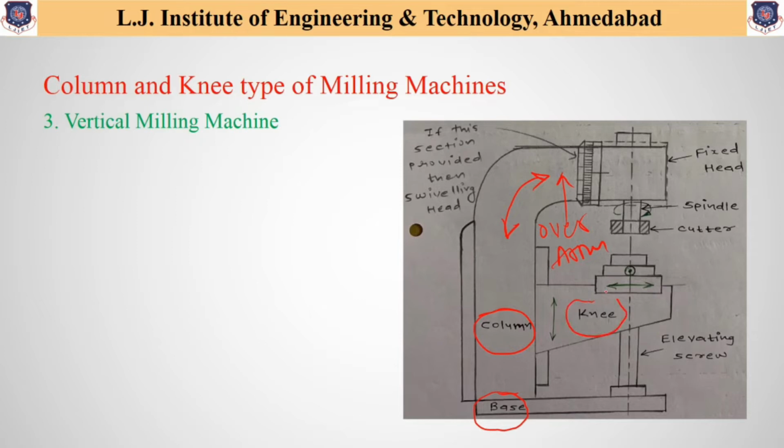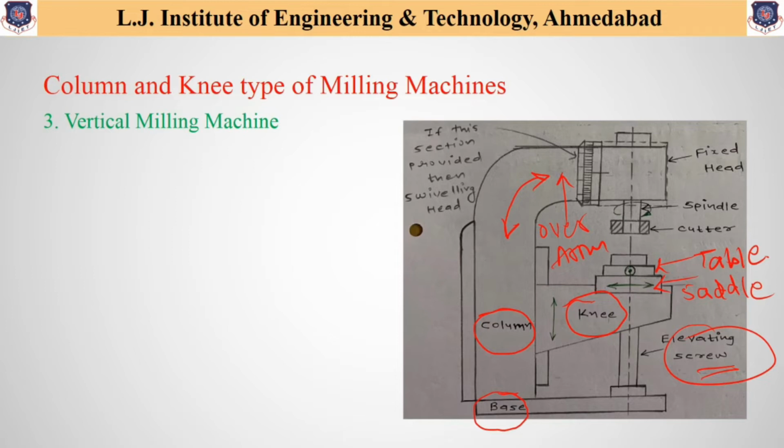Next part is knee, then saddle, next part table, and elevating screw. These are the basic parts which we discussed in our previous lecture also, which are commonly available in column and knee type milling machine.